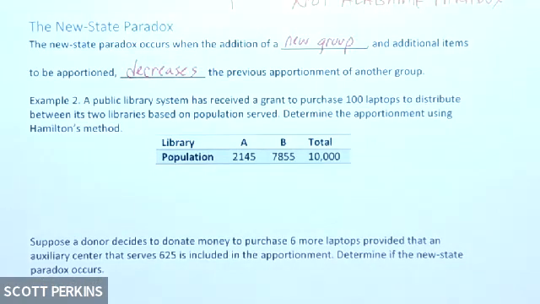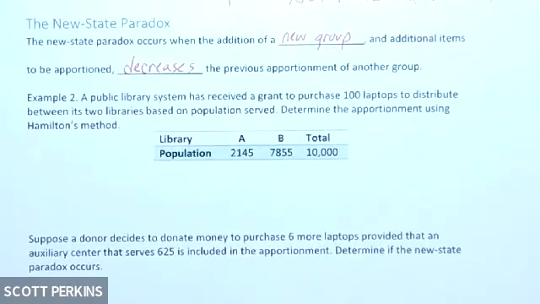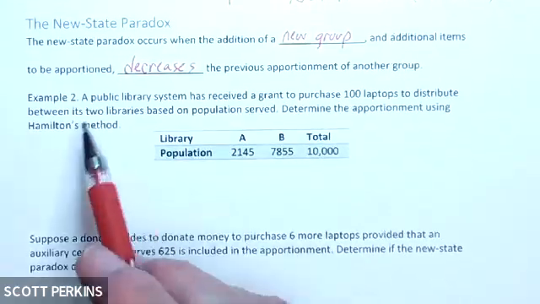So you add a new state, you add the appropriate number of representatives to hopefully cover that state, but then when you go through the apportionment process, you see that it actually decreased some states' representation. So my example here is this.